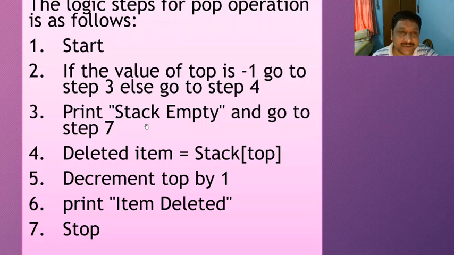If this situation is not there, it means the value of top is not -1, it may be 0, 1, 2, 3, any value. Then we take the item from the top position of the stack, which will be the deleted element, then the value of top will be decremented by 1, and then a message will be displayed that the item is deleted.